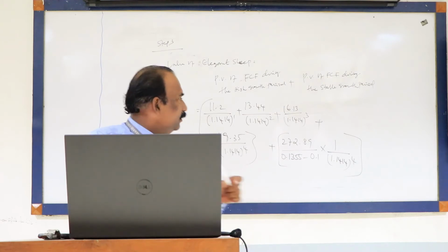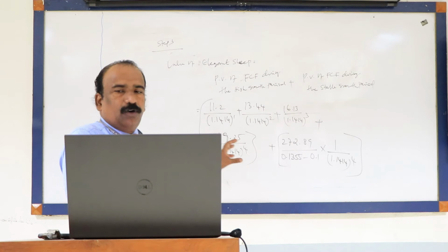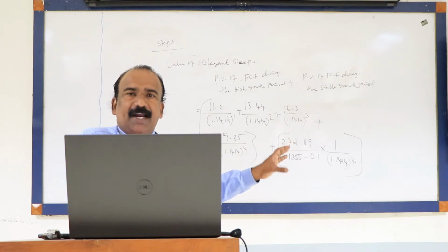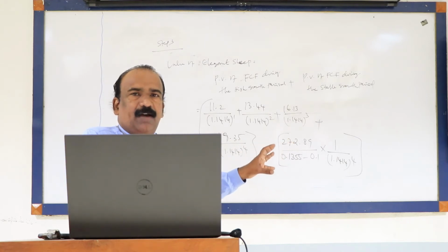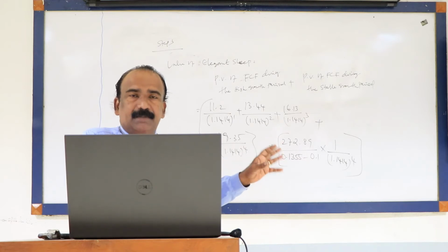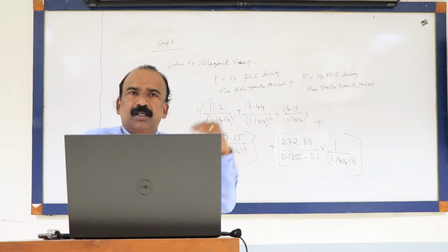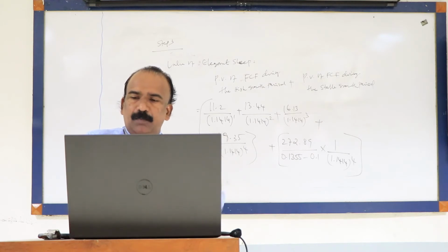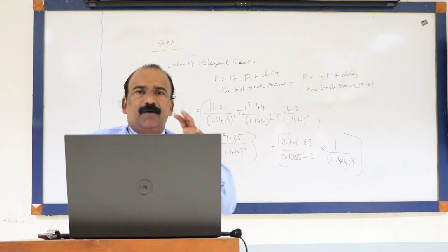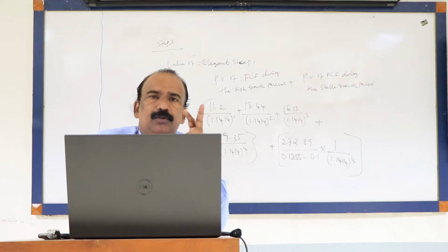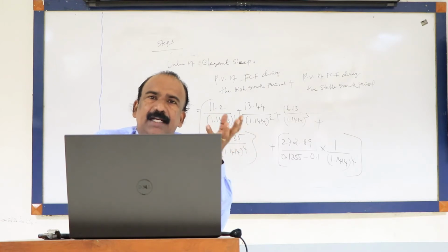So kindly first get the answer for 272.89 divided by 0.1355 minus 0.1, then divide it by 1.1414 to the power 4. That will give us the present value of future cash flow during the stable growth period. I repeat, we need to calculate the present value of future cash flow during the first phase and during the second phase.